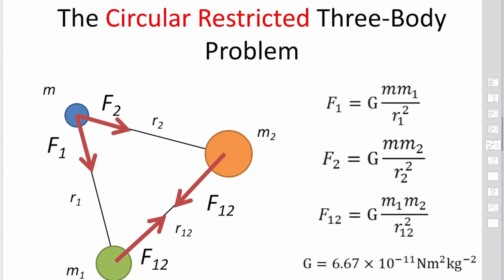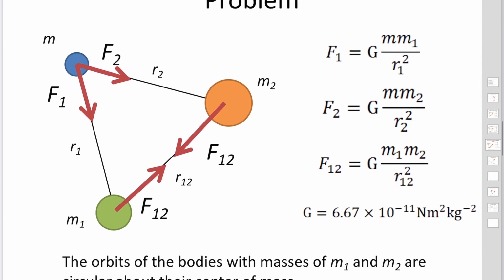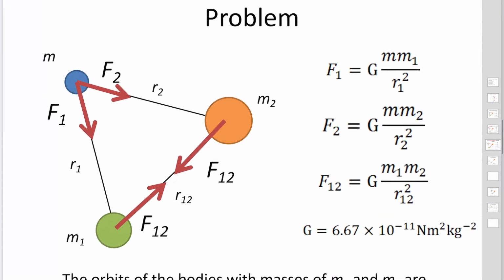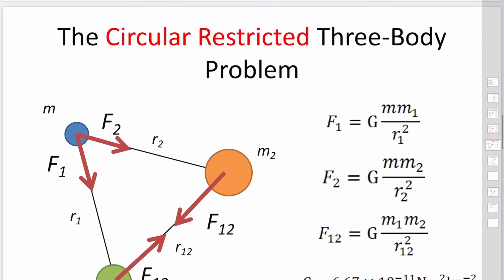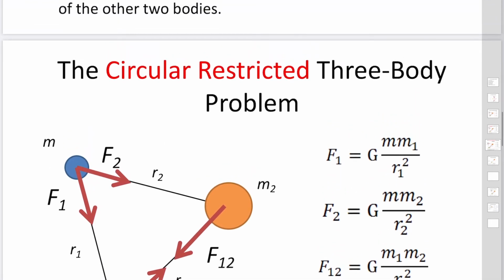Then we'd like to simplify it more. So still the problem is a little bit complicated. The next simplification is the circular restricted problem. Restricted I explained, and circular is another simplification.